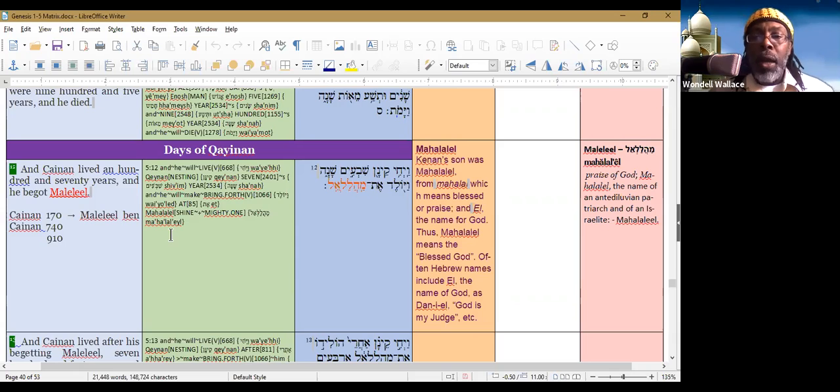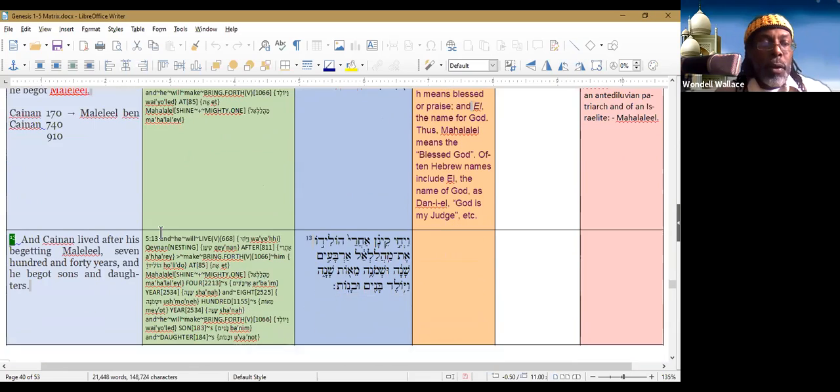Okay, so Mahalalel, Canaan's son was Mahalalel, from Mahala, which means blessed or praise, and El, the name of God. Thus, Mahalalel means blessed God. Often Hebrew names include El, the name of God, as in Daniel, God is my judge, etc. Okay?